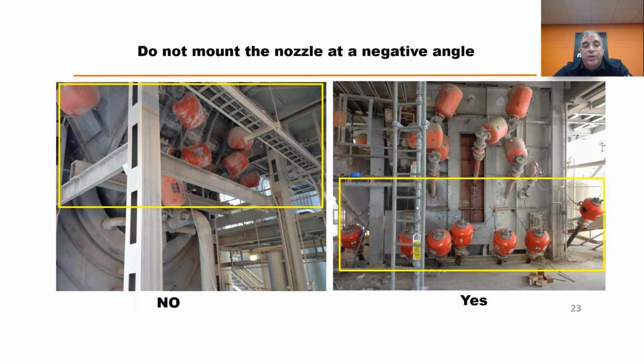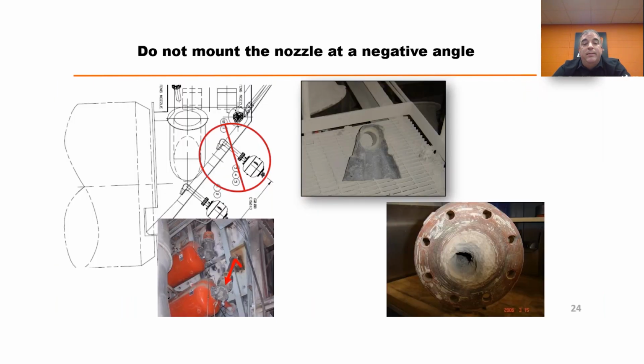You're in the same locations on the kiln inlet, but the cannons are able to be maintained, and they're at an angle pointing downward. Because what happens with anything at a negative angle is you're going to end up with the nozzle being burnt off and material falling back into the discharge of the cannon.